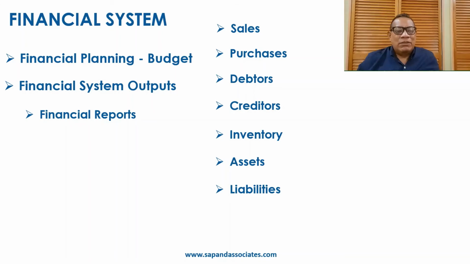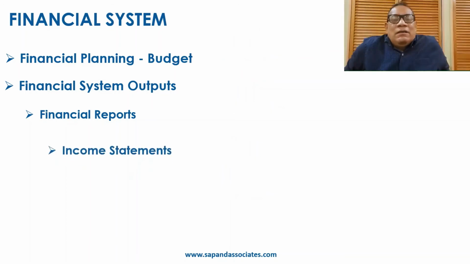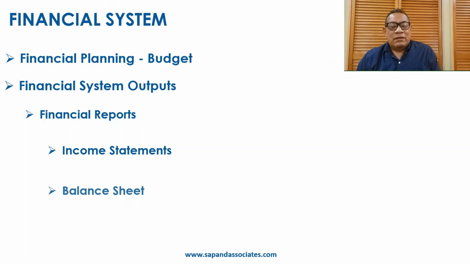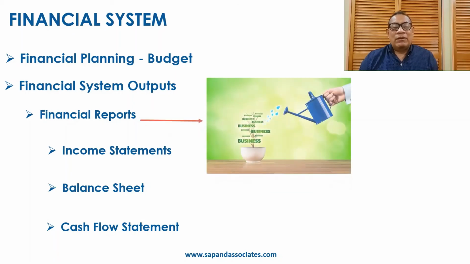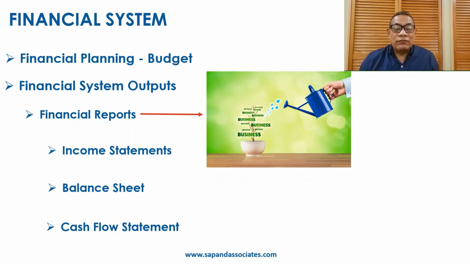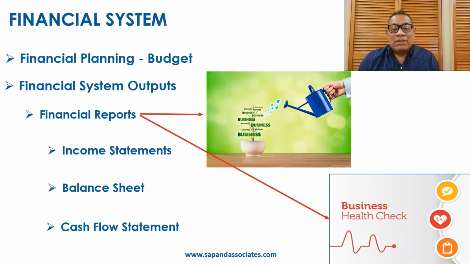Right, so we come to the main reports, which are the income statement, balance sheet, and cash flow statements. Those are the three, or the suite of reports, that comprise the financial statements. The thing is, what can we use these for? If you check the diagram there, it tells you for managing and monitoring your growth, and also as a business health check.